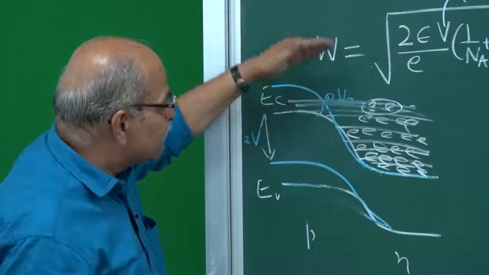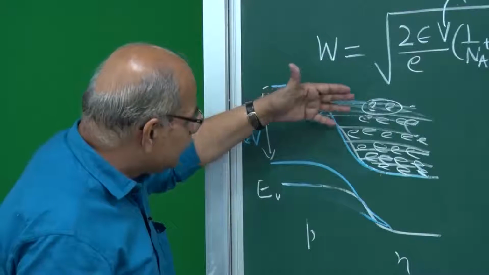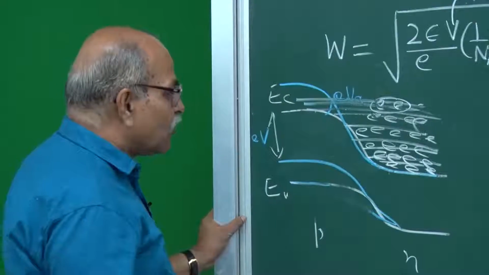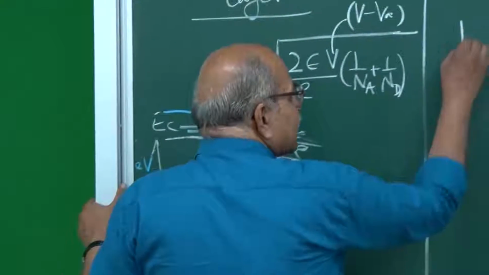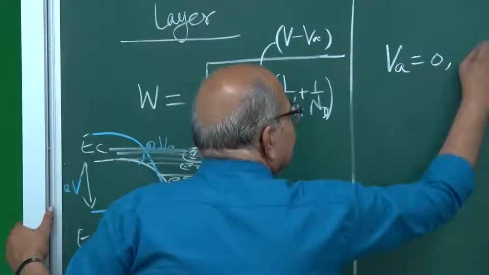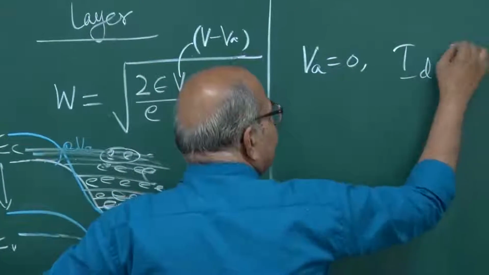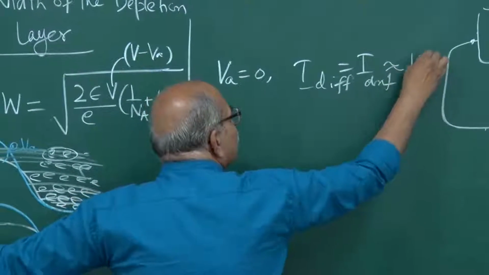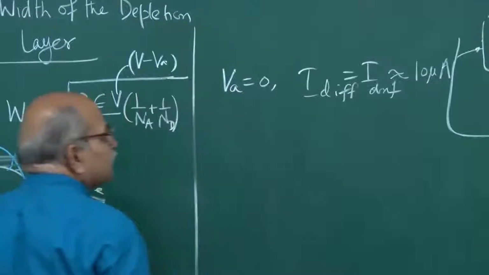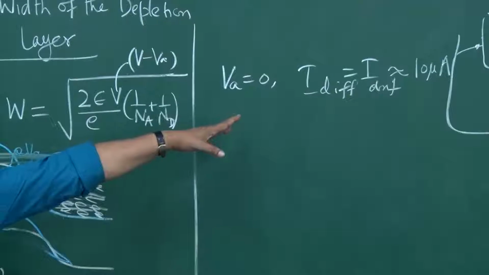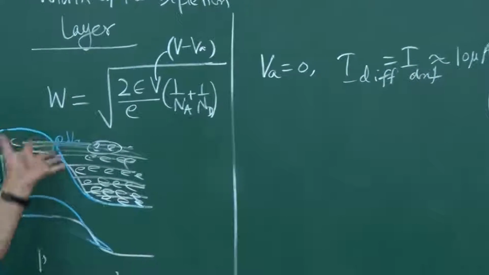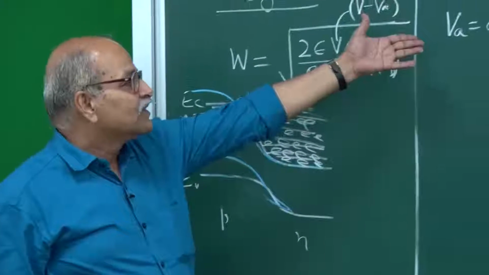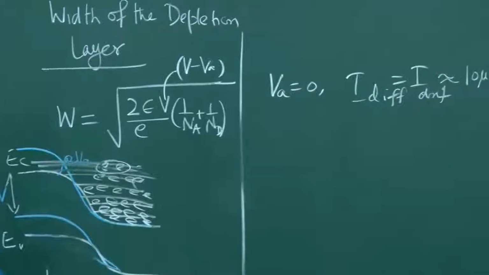So, diffusion current will decrease drastically in this reverse bias. Already when there was no bias, VA was 0, then I diffusion equal to I drift, and that is of the order of a few microamperes. So, already that diffusion current was small, and then you increase the barrier and it goes exponentially further down. So, very quickly this diffusion current will decrease.